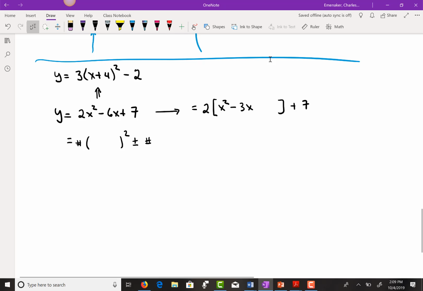Where'd the 6 go? Yeah, what happened to the 6? I factored it out. If we take this 2 and distribute it, we'll get a 2x², and we'll get a what? Yeah, so we factored it out. It's still there. It's just kind of buried. Okay, but that's okay. You know it's there.